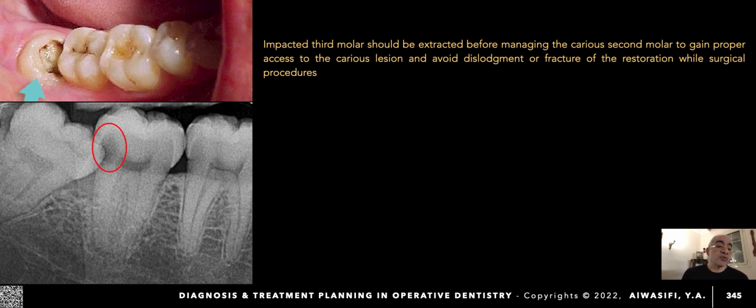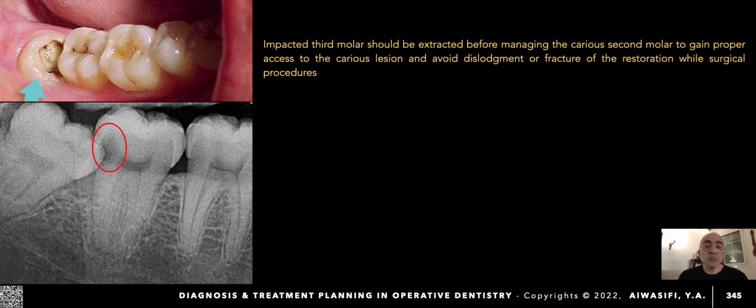If you review the clinical condition, which comes first? A Class 2 for the proximal, distal surface of the second molar, or surgical extraction of the partially impacted third molar? Surely the partially impacted molar should be extracted or removed surgically first.